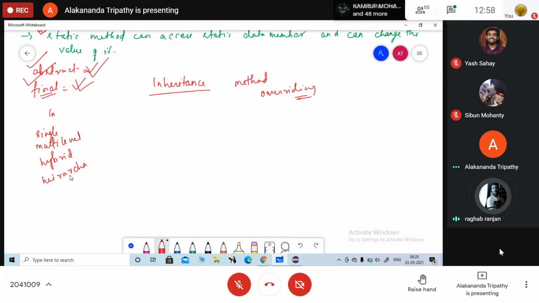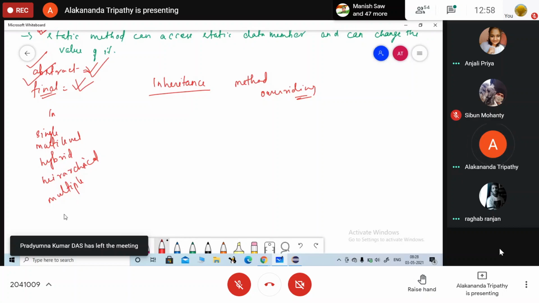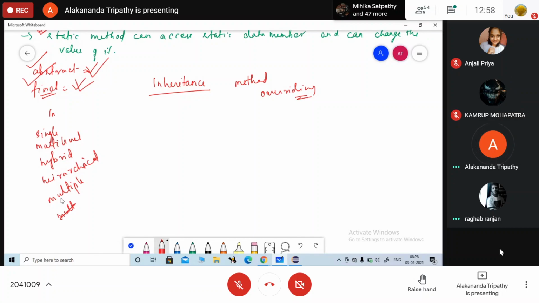Multiple inheritance. Hierarchical. Then multiple. Yes, ma'am. Then एक दो तीन चार पांच हो गया. और कुछ है? मल्टीपाथ फिर क्या है? Ma'am, we have only 5, no? So we are single, multi-level, hybrid, hierarchical, multiple inheritance.